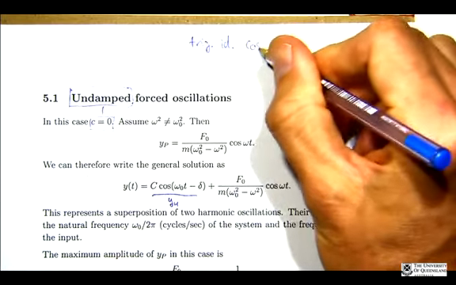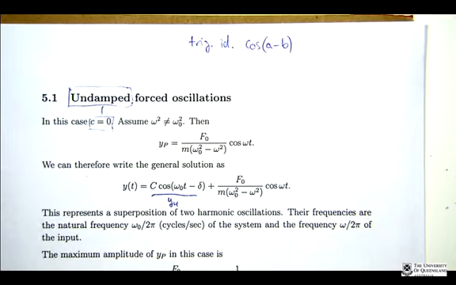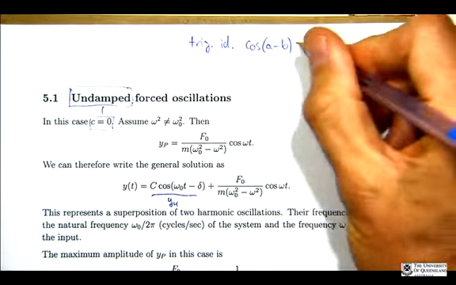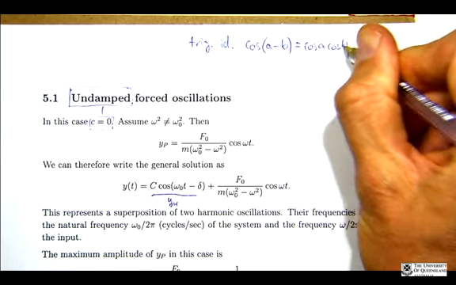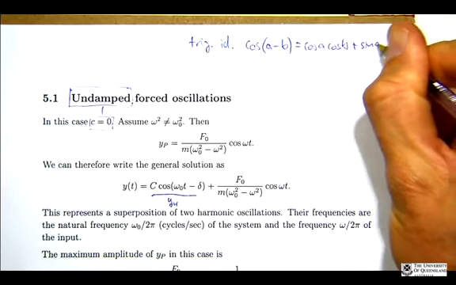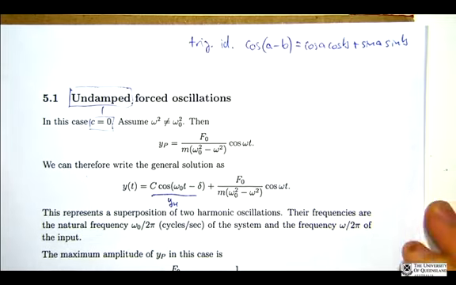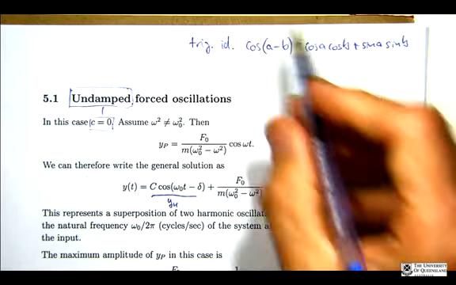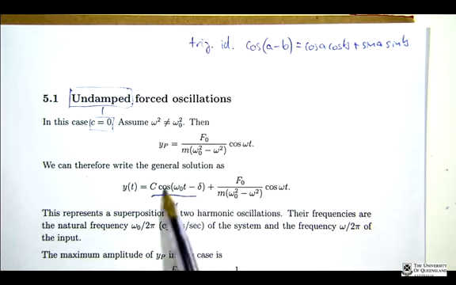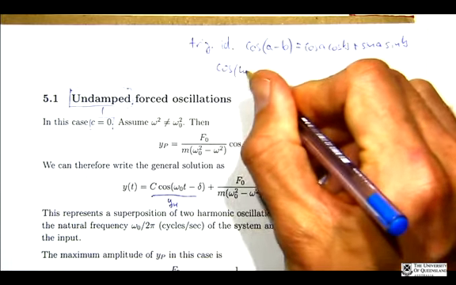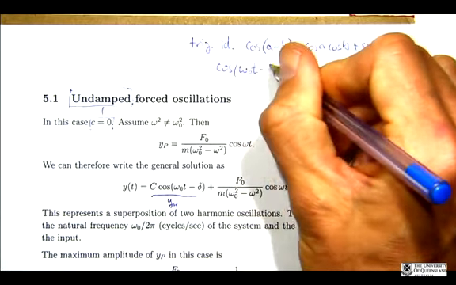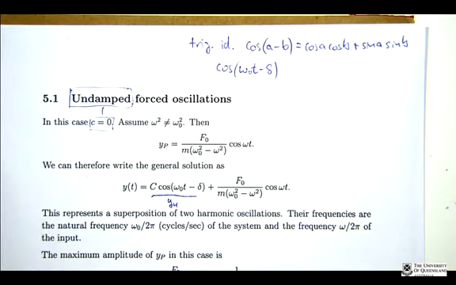So the cosine of the difference of two quantities, so say cos of A minus B, this is the trig identity, is just cos A cos B plus sine A sine B. All right, so just looking at this expression that I've got written down here, using that trig identity, what about cos of omega naught t minus delta?